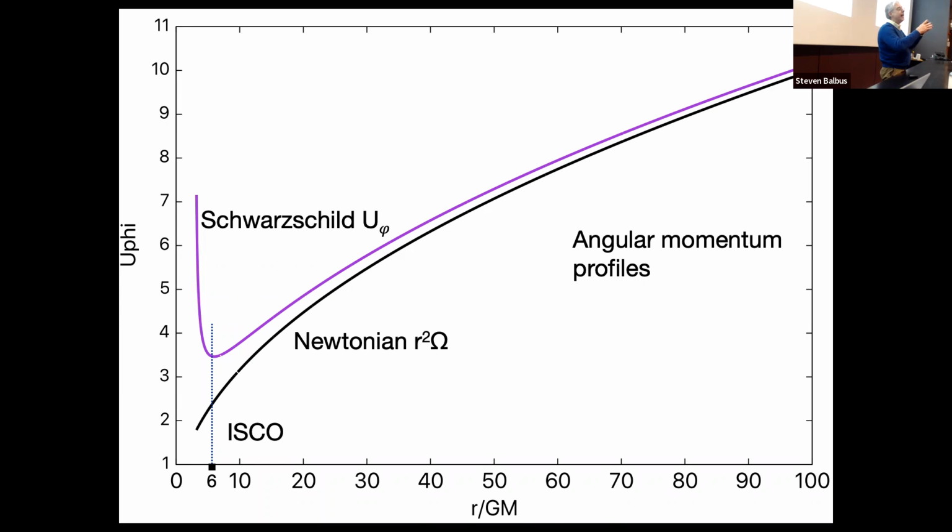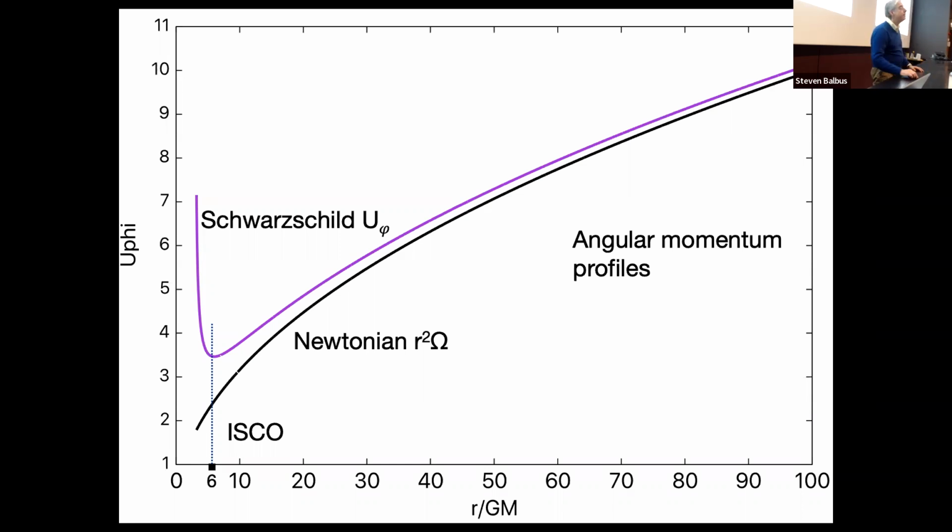If I move that ring out and it has less than the angular momentum it needs to have to remain in that orbit, what will it do? It'll drop back. So it will be stable. So if the angular momentum decreases outward, circular orbits are unstable.